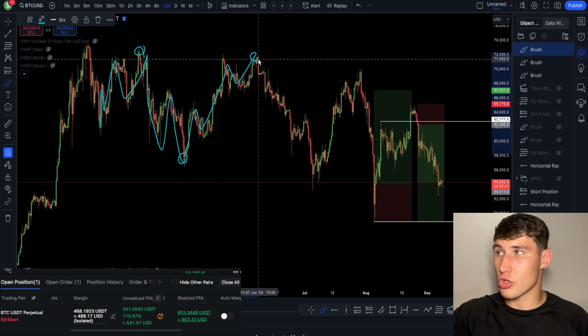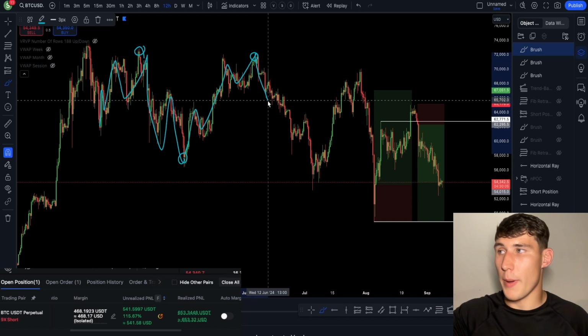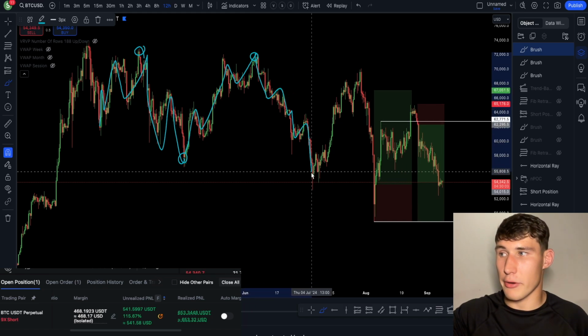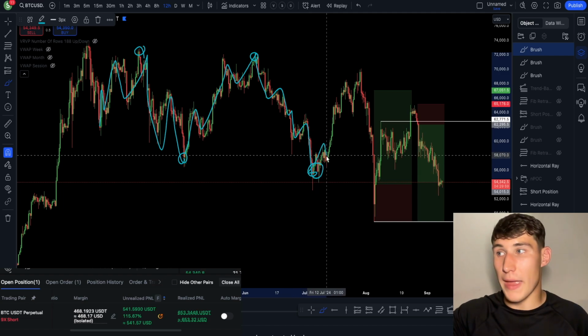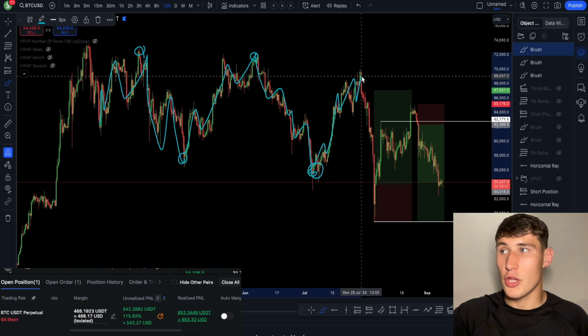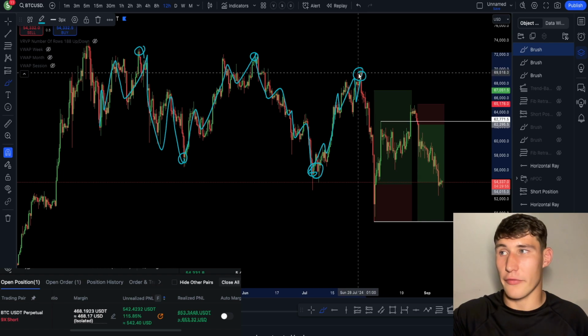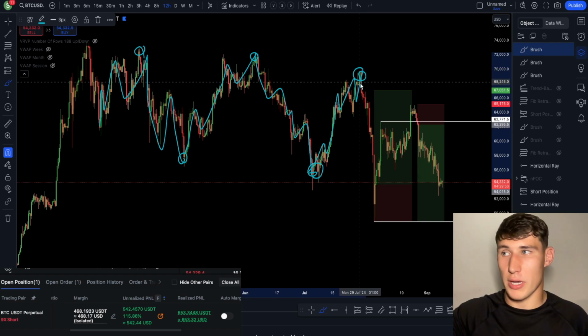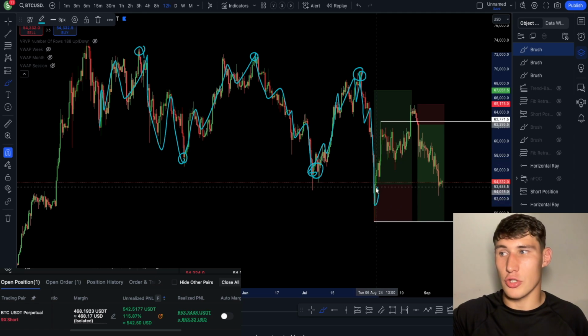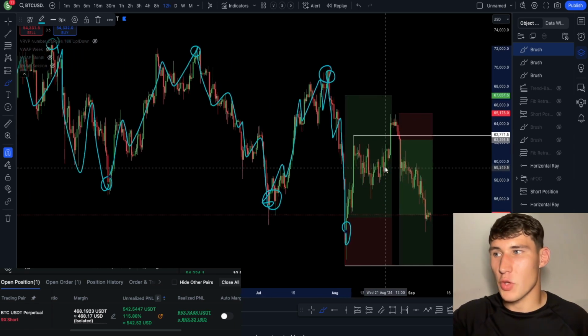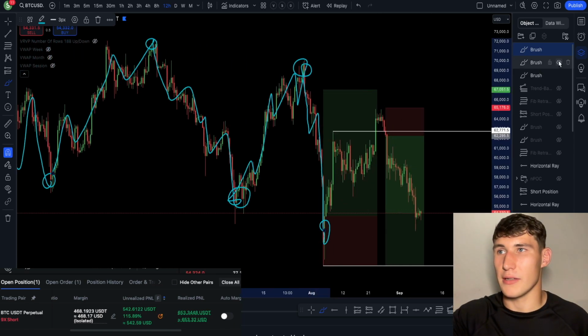For the short trade up here, price then pulled back, formed bearish structure for a new low, where we then took the long trade from there. We rode that bullish market structure up to the short trade that we had from here. We saw that price pull back, form bearish structure for a new low, where we then got this most recent long trade right here.